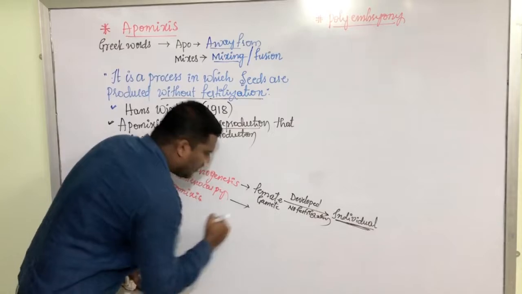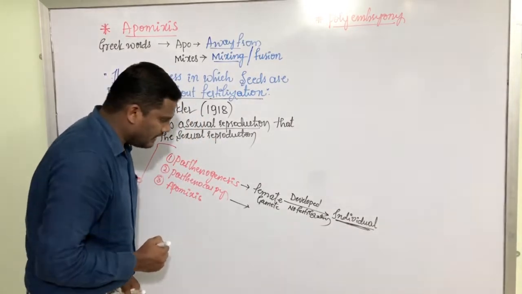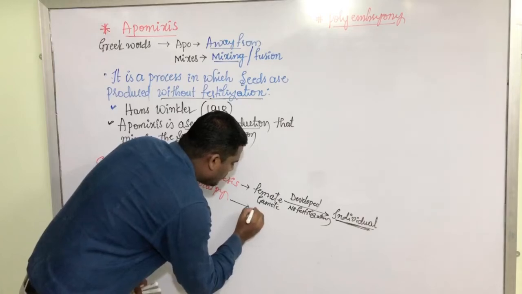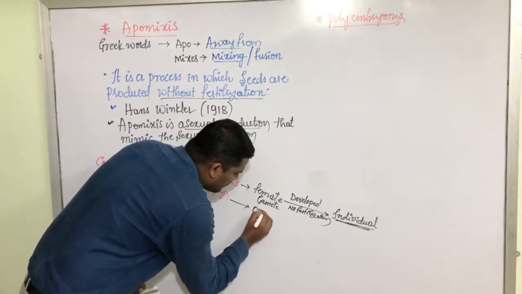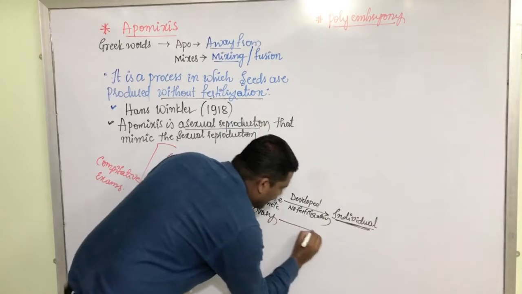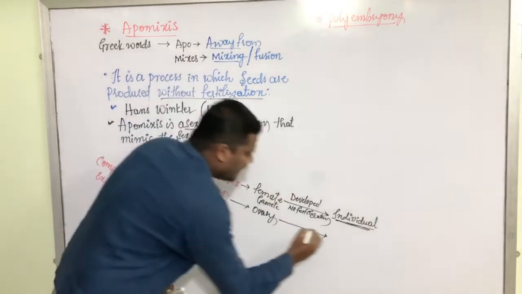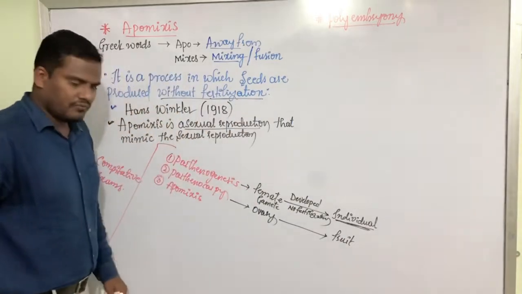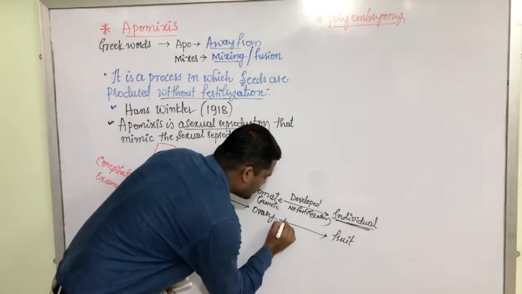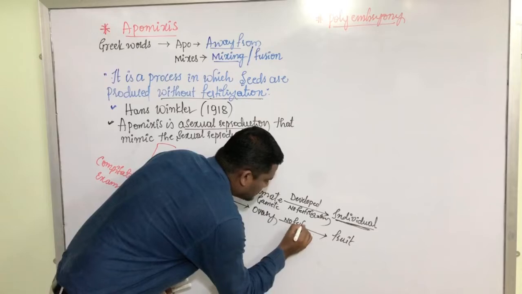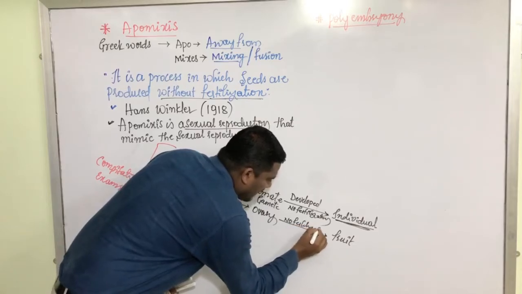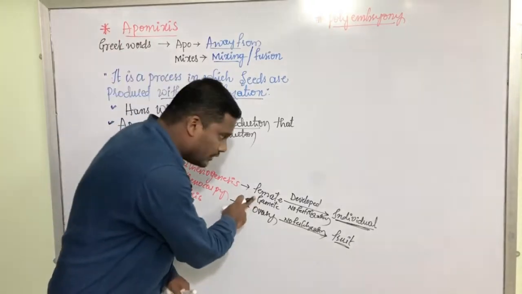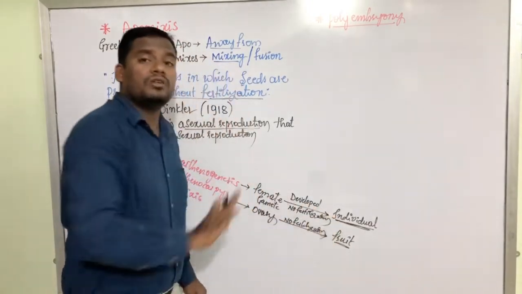Whereas in parthenocarpy, the ovary develops into a fruit without fertilization. In parthenocarpy, fruits are formed without fertilization, whereas in parthenogenesis, individuals are formed without fertilization.